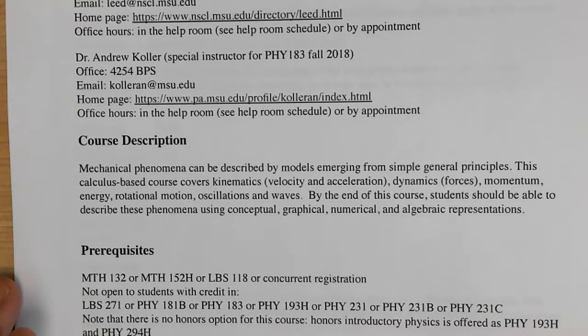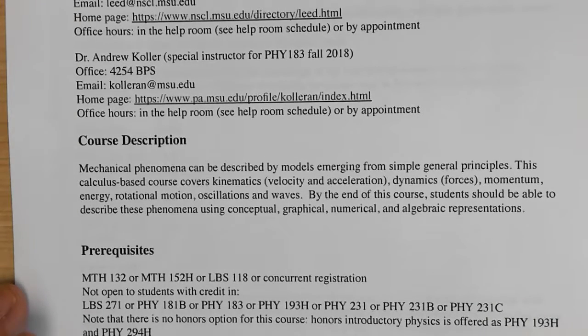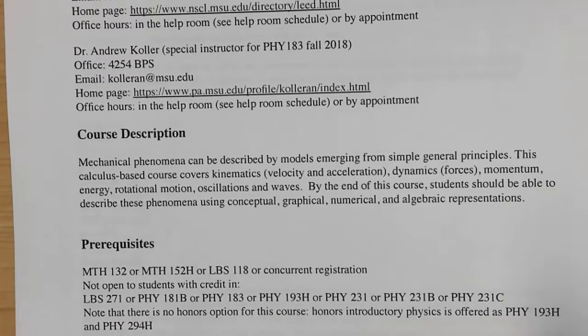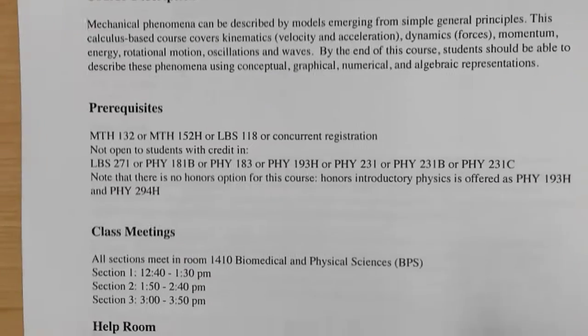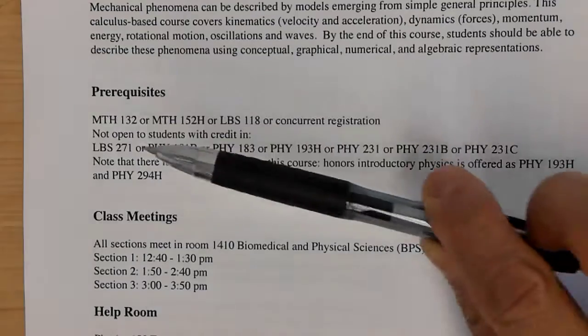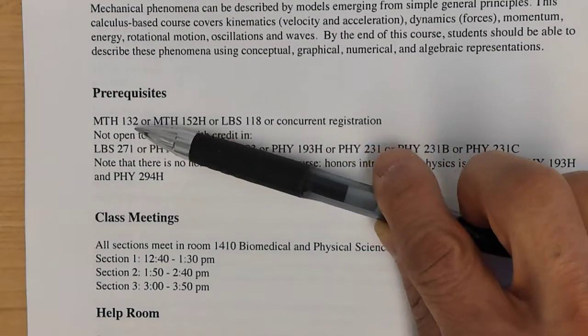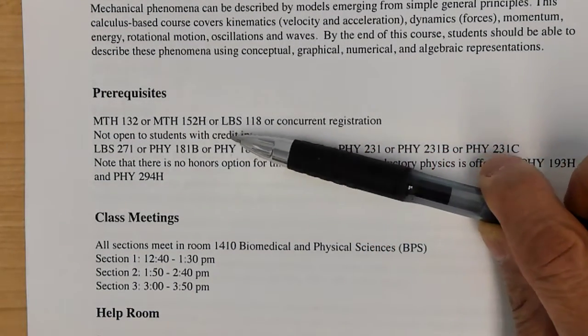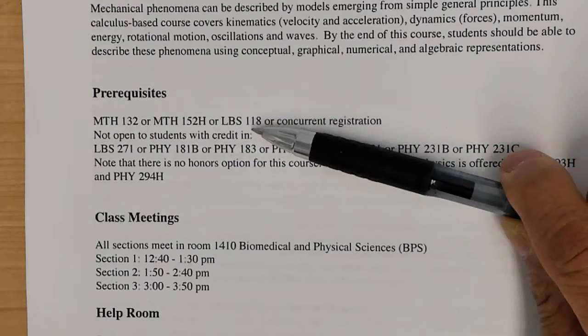And so the hope is that this course is not just simply taking a required class for credit for your major, but it's actually something you will use in your coursework as well as in life after you've graduated. That's my goal here. Now the prerequisites are Math 132, 152H, or Lyman-Briggs 118.